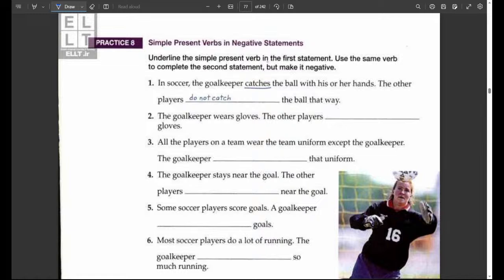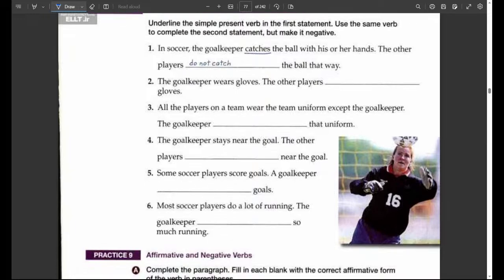Underline the simple present verb in the first statement. Use the same verb to complete the second statement, but make it negative. Supposedly, in soccer, the goalkeeper catches the ball with his or her hands. The other players do not catch the ball that way. So, the goalkeeper wears gloves.